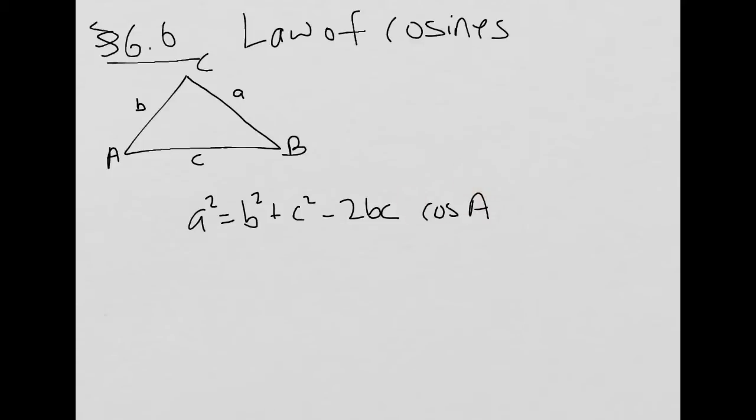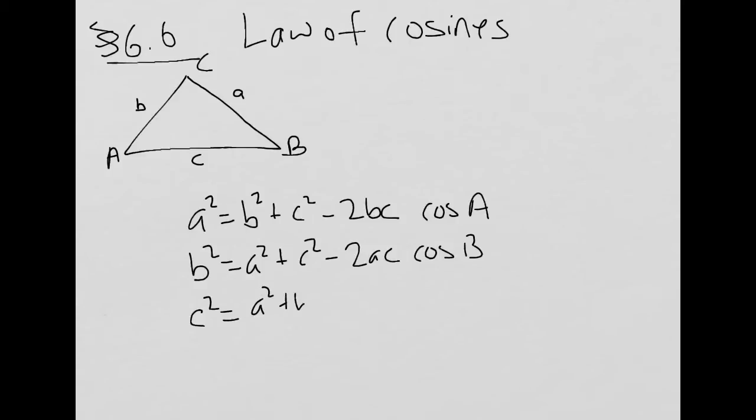You can actually plug this in for a right triangle where A will always be pi over 2, or 90 degrees, and it'll work out really nicely there too. But we can rewrite this no matter which of these pieces are unknown. It's essentially the same formula, but I could have b squared equals a squared plus c squared minus 2ac cosine b, or c squared equals, I guess I'll write it as a squared plus b squared minus 2ab cosine of c.